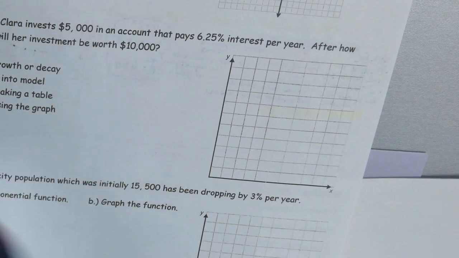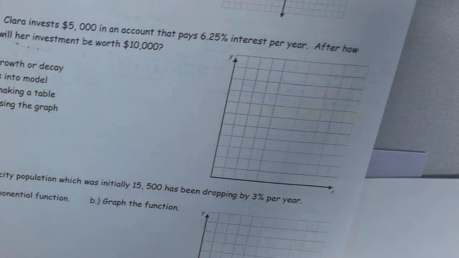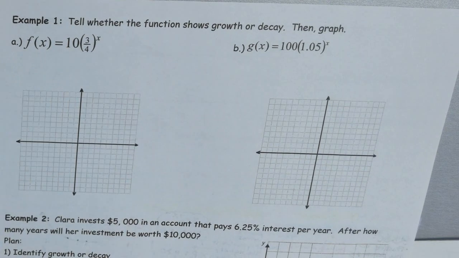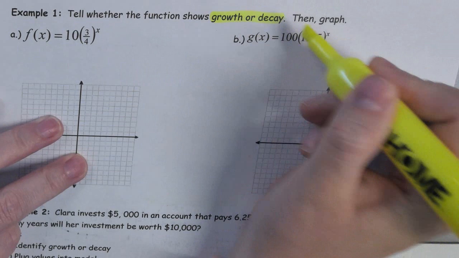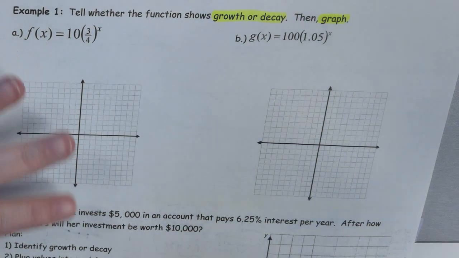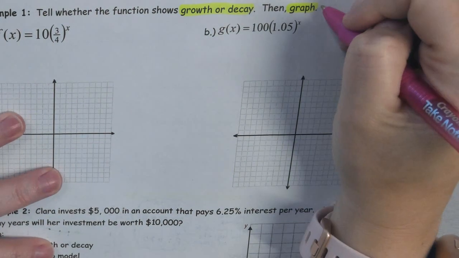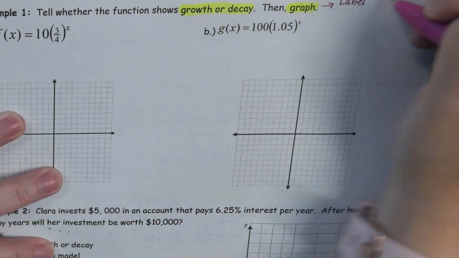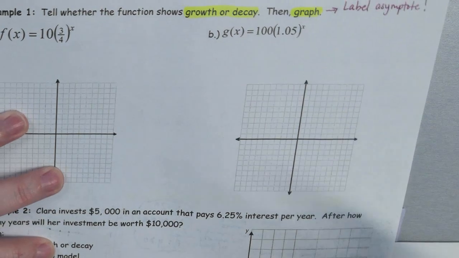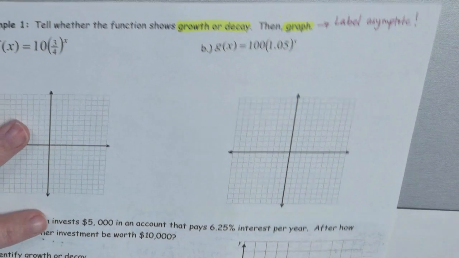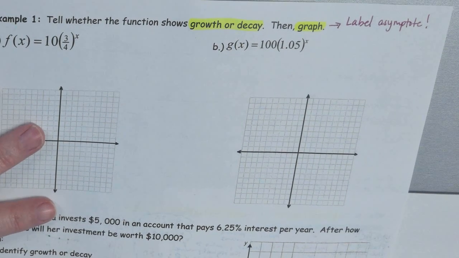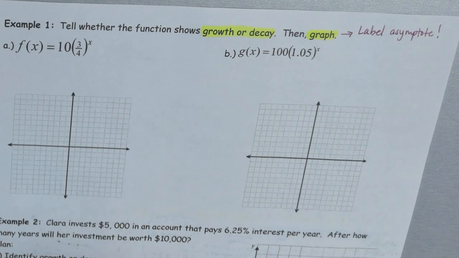You can use your equation to tell whether it's growth or decay, and when it does come time to graph, we are going to have to make sure that we label the asymptote, okay? That's something new that we haven't had to do yet, so we're going to make a little note to ourselves that we do have to include that.